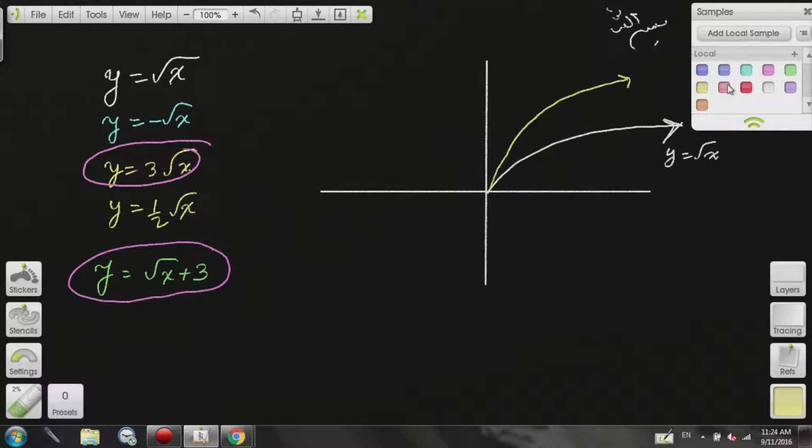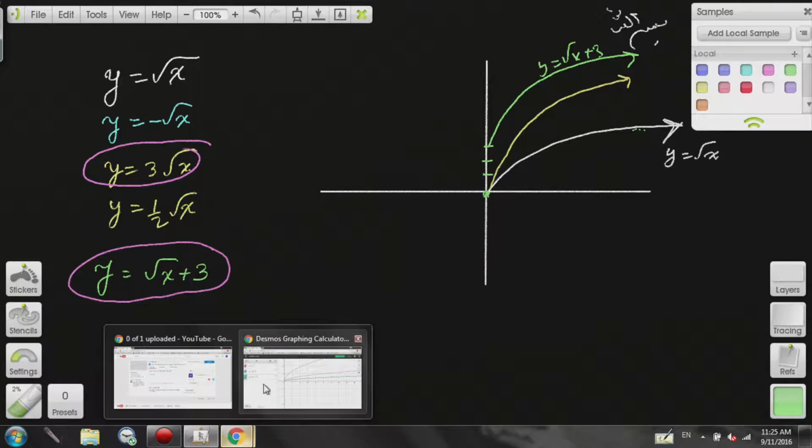But this function here is going to be moved up 3 units. If this one starts here, it's going to be like 1, 2, 3. It's the parent graph, just moved up by 3 units. It doesn't go like this. This graph and this graph start at the same starting point. This graph is the parent graph moved up 3 units.